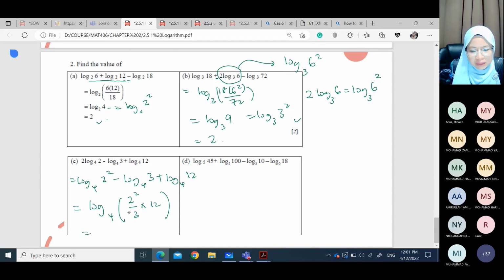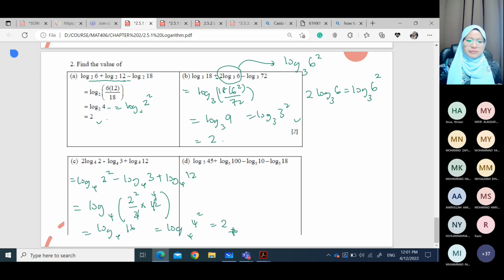So jawapan dia adalah berapa tu? 4. This one kita boleh simplify 4. So 4 times 4 we have 16. Okay. So sama juga dengan log 4 4 to the power of 2 and the answer here is 2. Okay, dapat tak jawapan 2? Boleh? Dapat. Dapat. Okay, good.